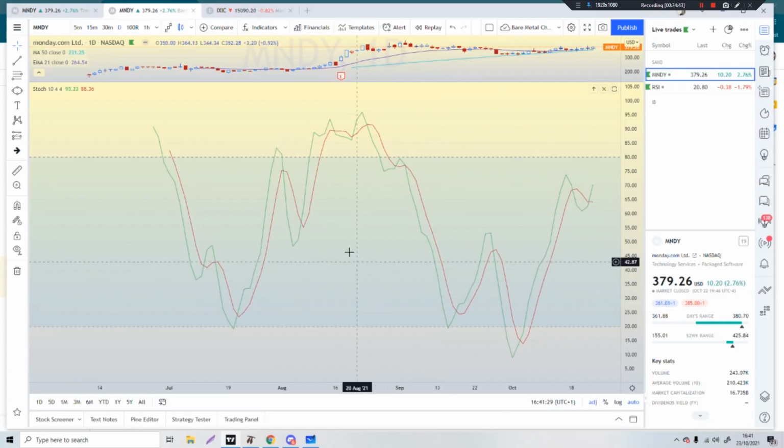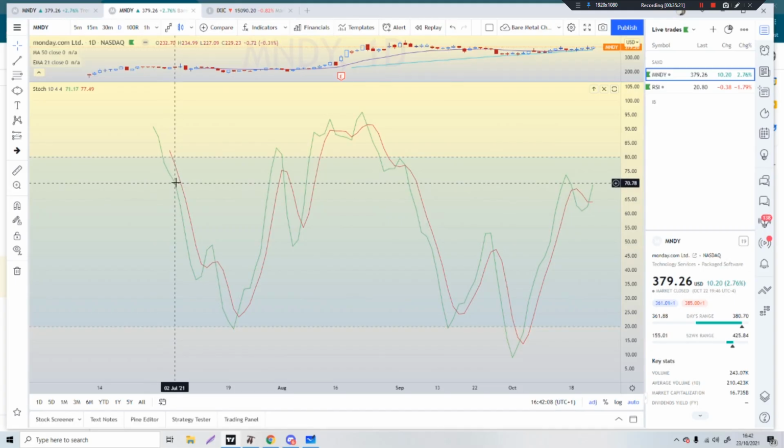But what you need to be looking at is that the green line, any point on that green line is showing you where that day's close was in relation to a 10-day period range. So on this one, even though it's coming down, it's quite high up. So it's closed within 70% of that last 10 days high. What this one here is showing you is the average of this close, if you know what I mean, Mike. It's showing you a 4 MA basically of what's on the green line, if you've got it set to 4.